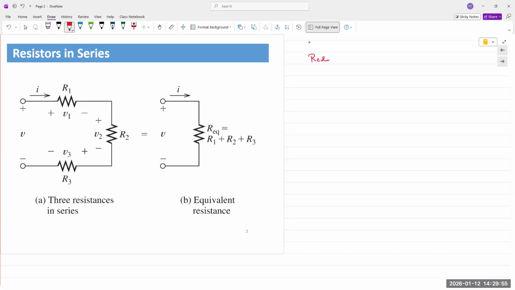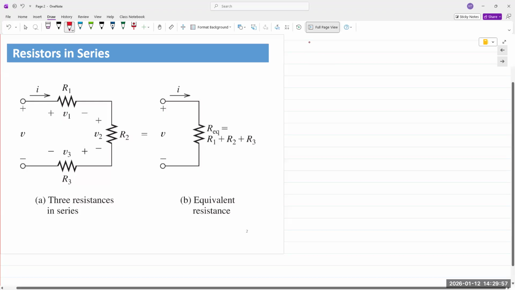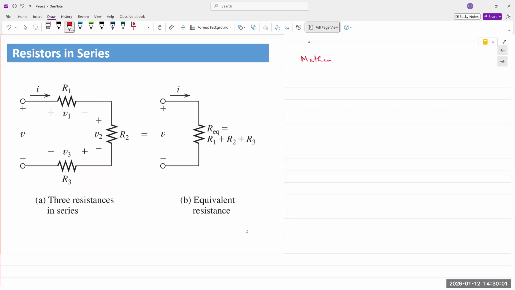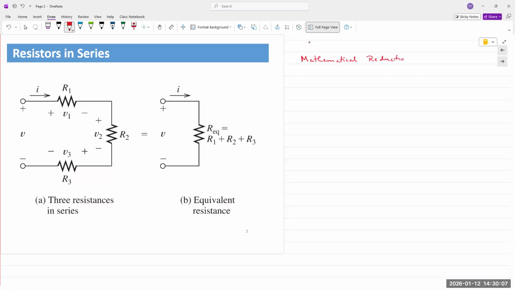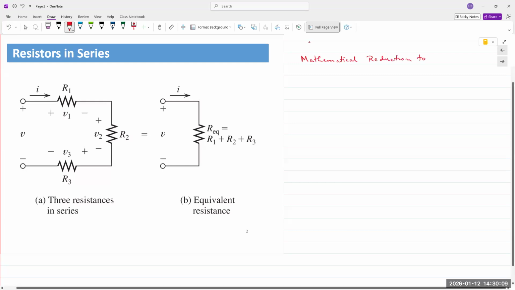So, mathematical reduction to one single resistance.